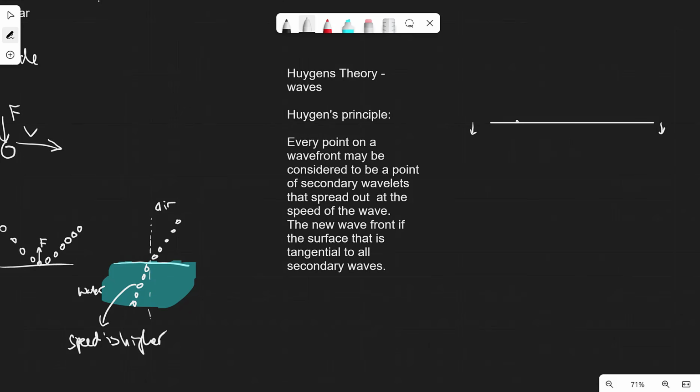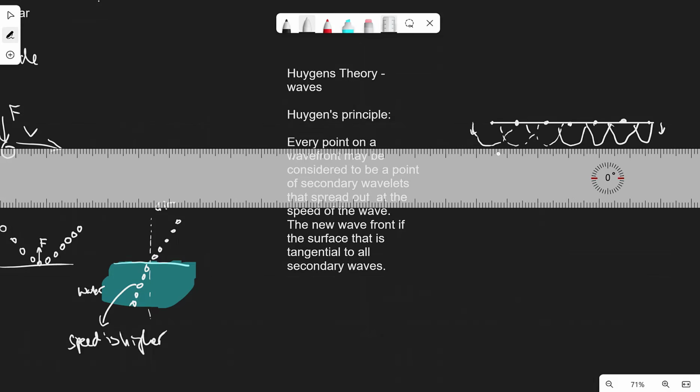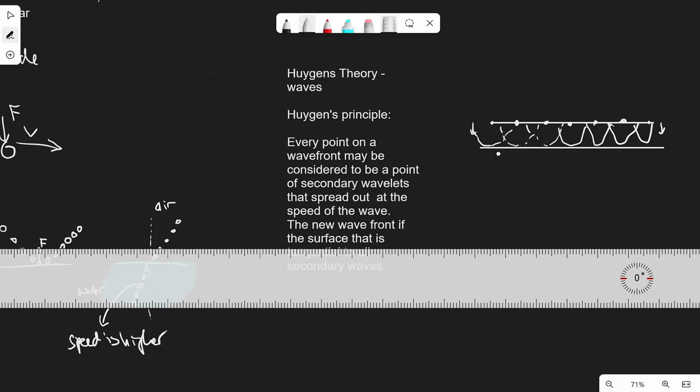Okay, well, what does that mean? I'm going to draw a few points, and all of these can be considered point sources. So this means that they're going to spread out like this, and this one here will spread out like this, and this one here will spread out like this, and so on and so forth. All of these are going to have a point that is going to be tangential to their surface, and this will be the new wavefront.